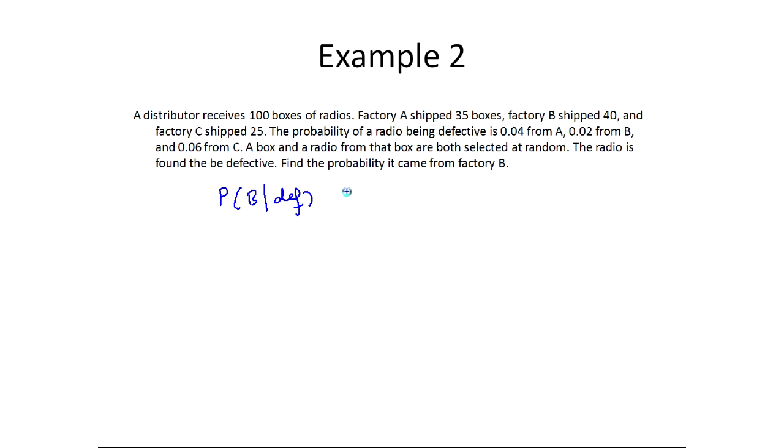It came from B or A or C first, and then we determined if it was defective. But we're looking at it in the reverse. We're saying, okay, we know the end result. We know it's defective. Where did it come from? So if you think about the life of one of these radios, they either start from A, B, or C, right? And then they're either defective or not.